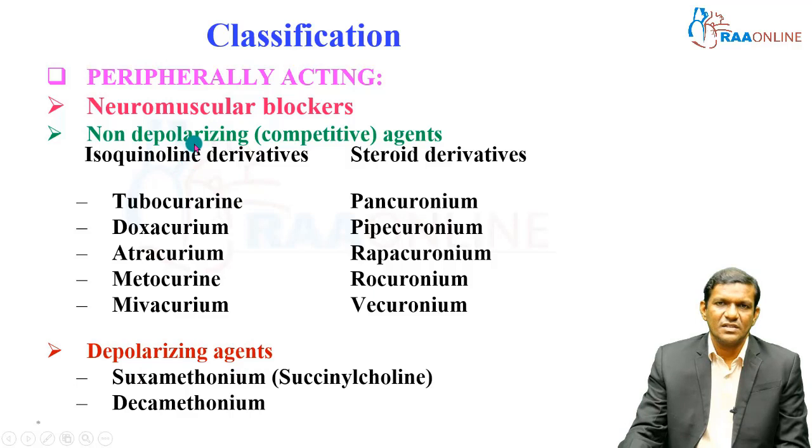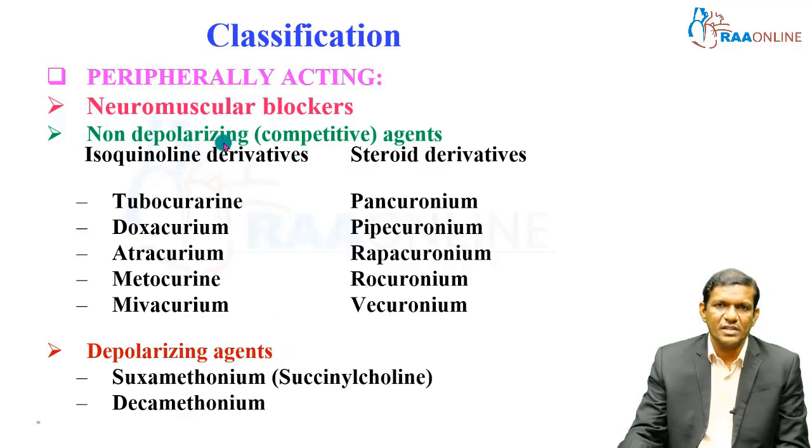As the name suggests, depolarizing agents, like succinylcholine, which is commonly used in anesthesia, are very ultra short acting muscle relaxants, and they depolarize the cell membrane. I will tell you exactly how it happens when we come to that slide. In the classification, just remember succinylcholine and decamethonium. Succinylcholine is commonly used for anesthetic purposes.